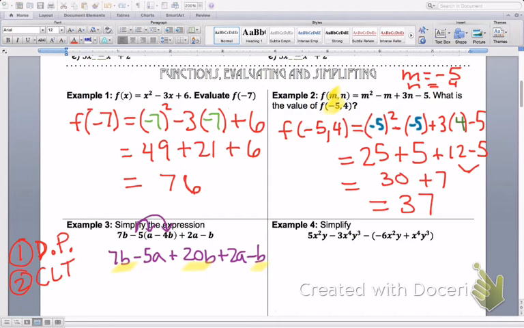Generally, we put them in alphabetical order, so I'll do that. The -5 and the 2 will give us -3a. The 7, the 20 is 27, minus, again, in this one, is an invisible 1b. So 7 plus 20 is 27, minus 1 is 26. So we're going to have positive 26b.